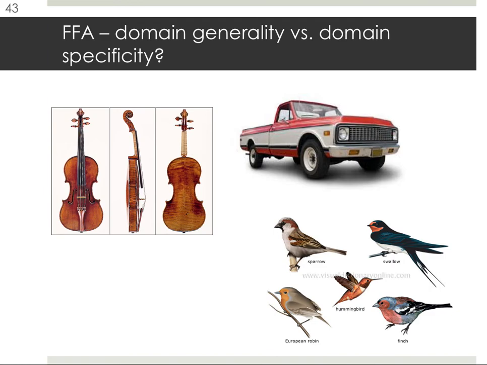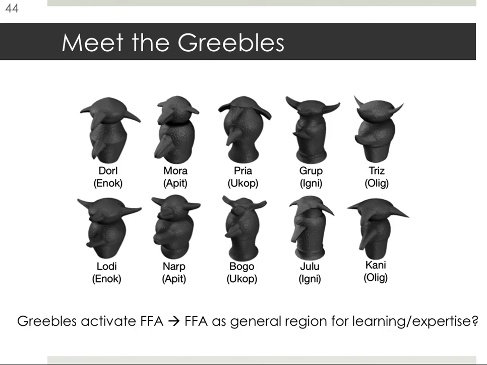So some people are actually thinking that the FFA is a domain general region as opposed to a domain specific region that is only sensitive to faces. FFA might be a domain general region that is sensitive to anything that you're especially an expert in. And very nice evidence for this view comes from the Greebles study.